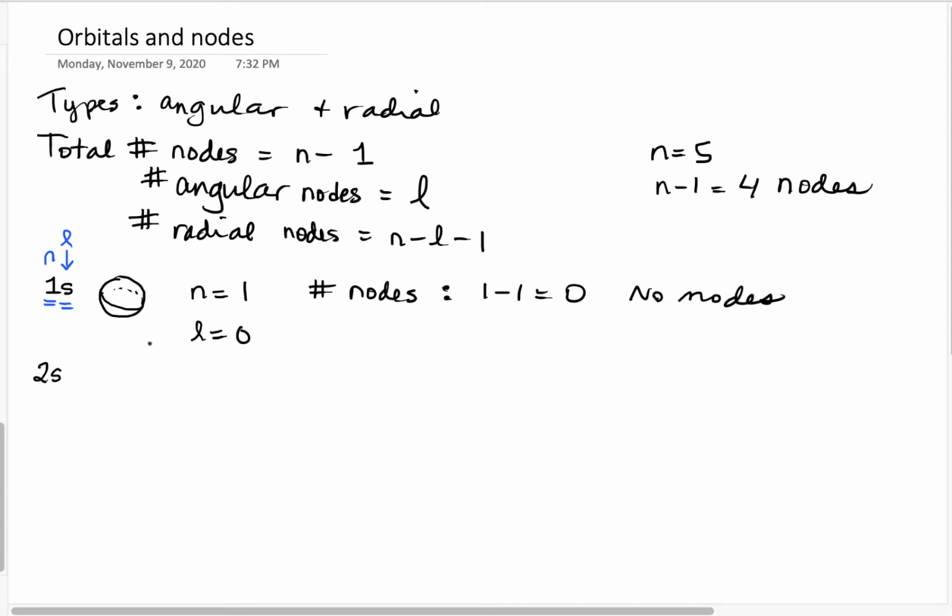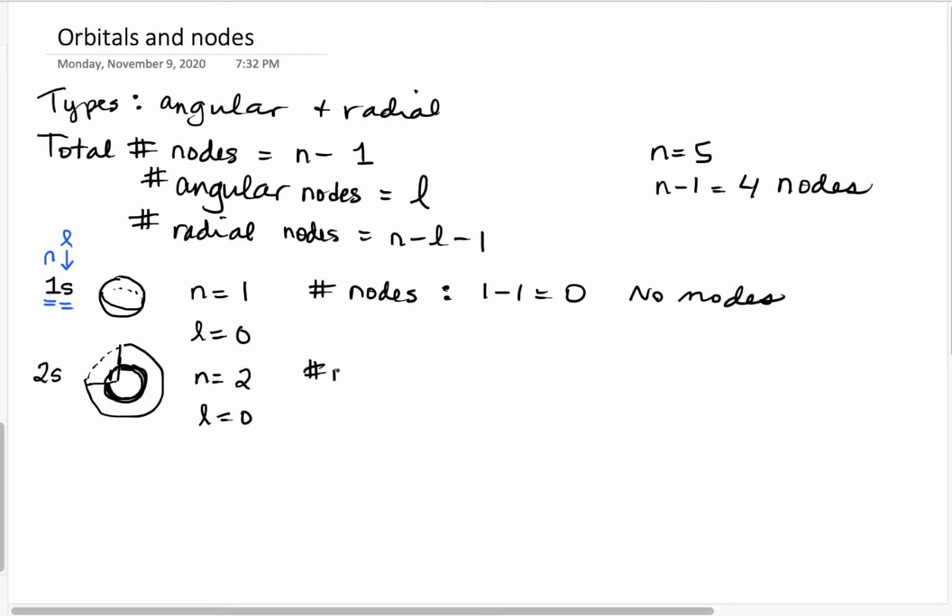So let's look at 2s. In our little cutaway of the 2s orbital, so we kind of drew it like that, right? We could see that there was a middle portion, and then there was a little node, and then there was another middle portion. So n is equal to 2, but L is still equal to 0.